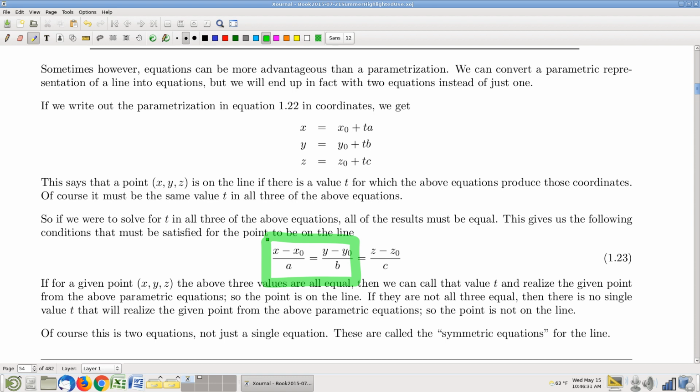Any point on the line satisfies both of these equations, so it also satisfies that one equation. Trivial, right? If it satisfies both, included in those both is that one. What that means is that every point on our line is on our plane. So this plane contains our line.